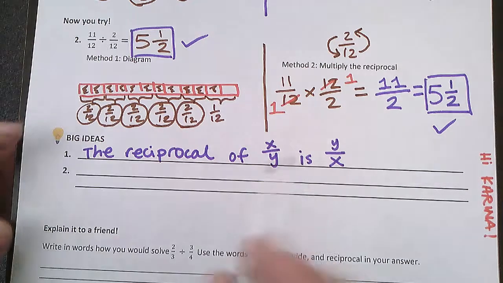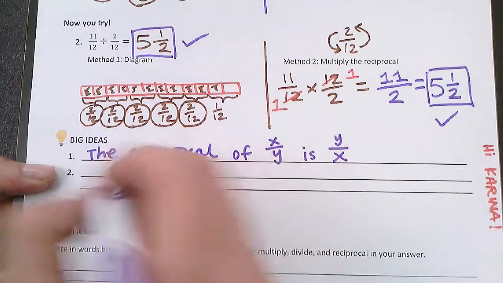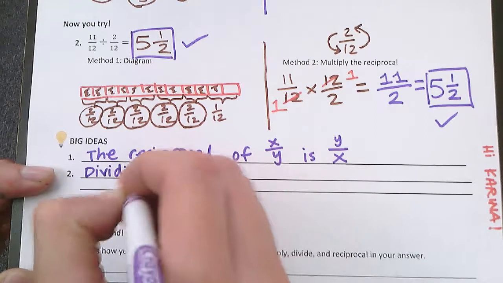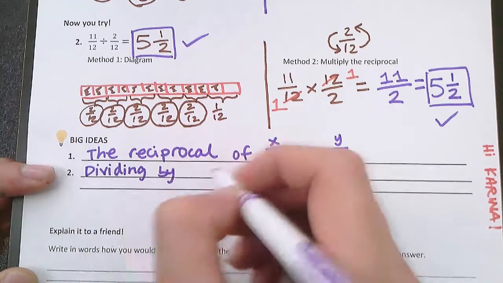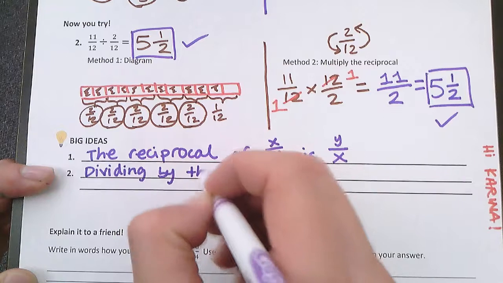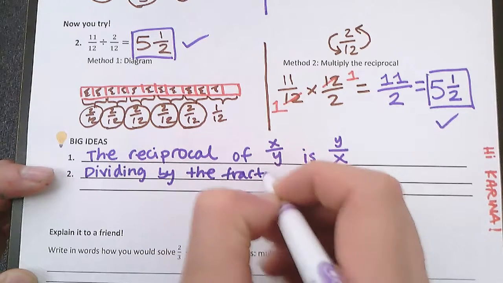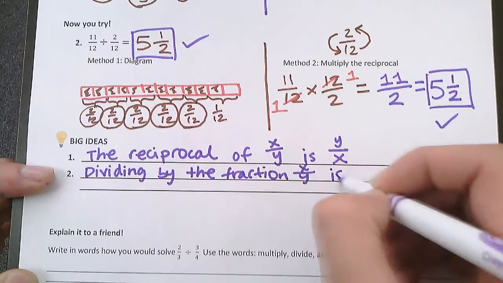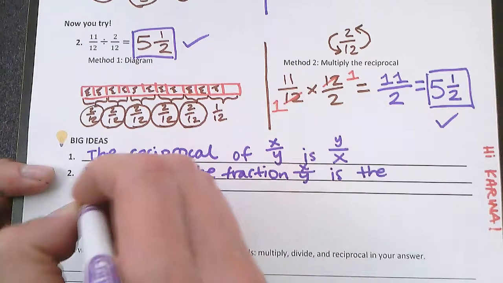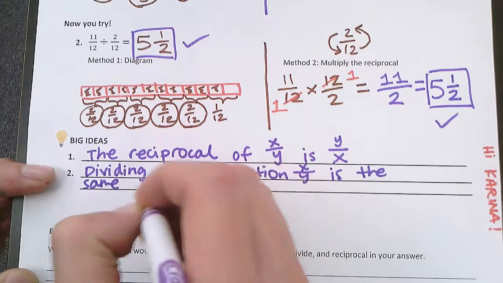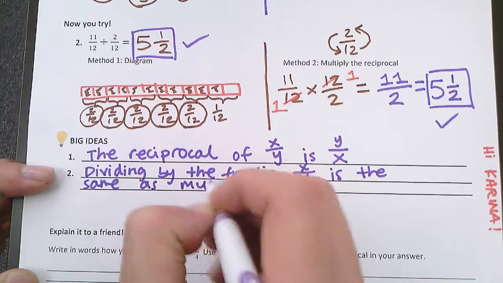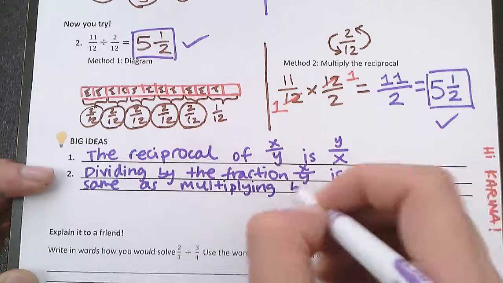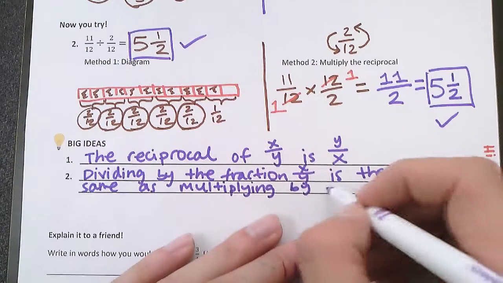And the other thing that we learned was dividing by the fraction x over y is the same as multiplying by its reciprocal.